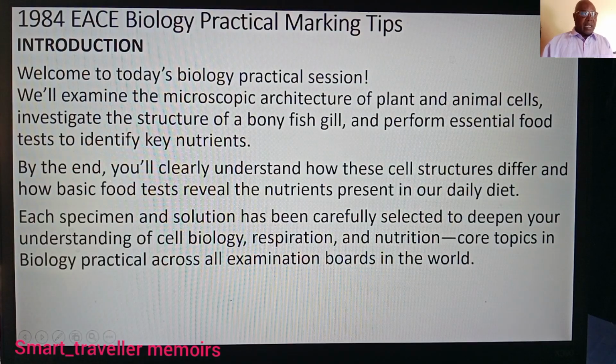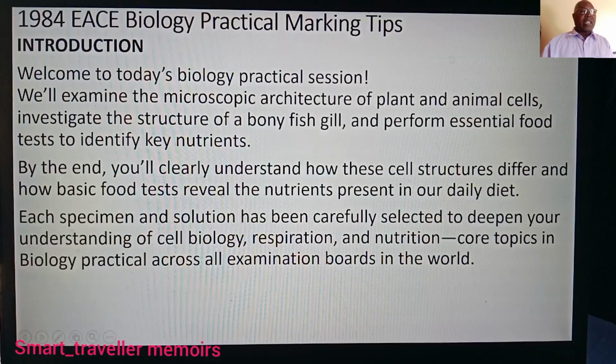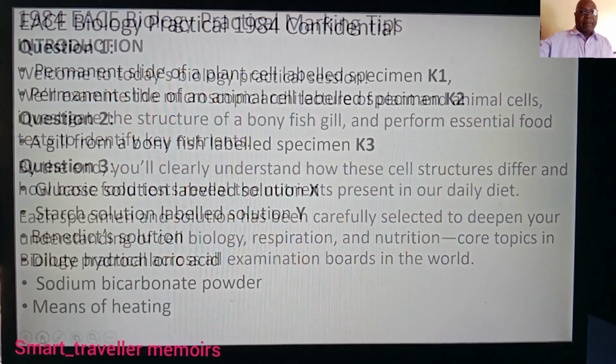Each specimen and solution has been carefully selected to deepen your understanding of cell biology, respiration, and nutrition, core topics in biology practicals across all examination boards in the world.